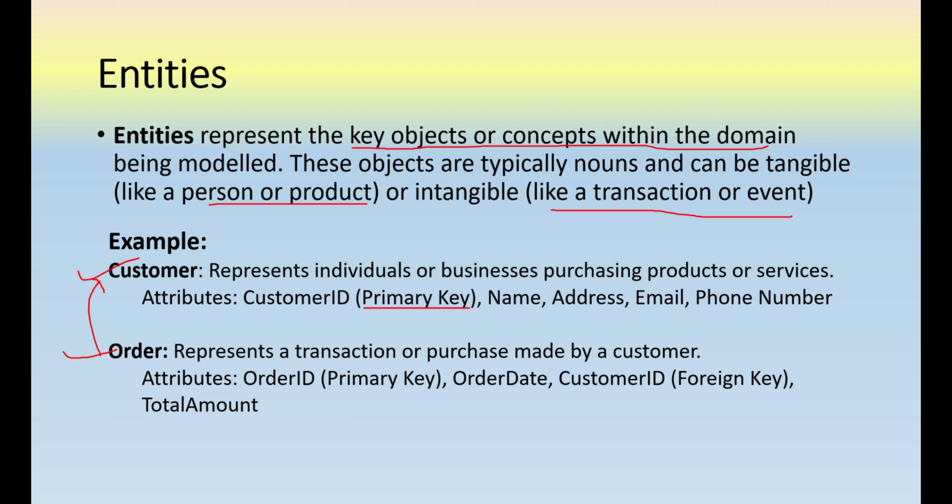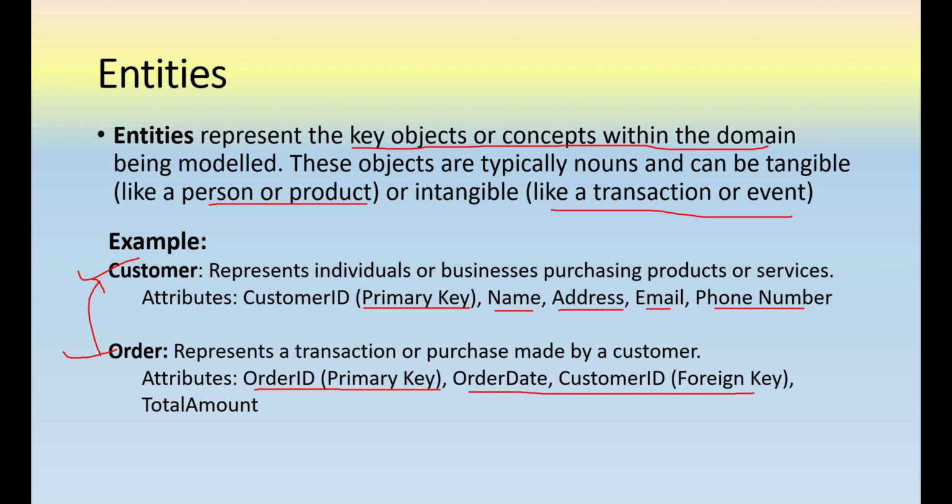Then, based on your requirements, you can define other columns like name, address, email ID, phone number, etc. Similarly, order represents a transaction or a purchase made by a customer. Again, you can have a uniquely identifiable attribute here that we call order ID, and other attributes you can define.